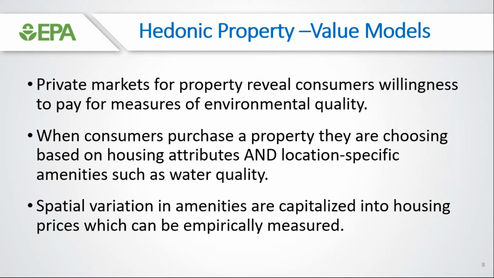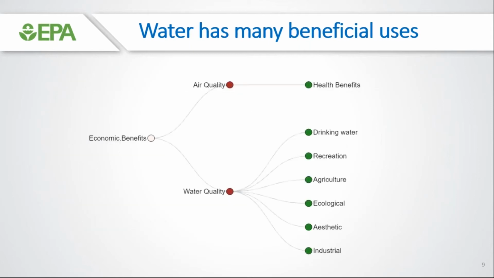One of the real motivating factors behind our research at the EPA looking at water quality is to be able to measure the economic benefits associated with our programs and our policies. There's a large number of people working on water quality, air quality, and a host of other things. One of the distinctions I like to go over is that when we're looking at the economic benefits of air quality, much of those benefits are measured in terms of human health benefits.